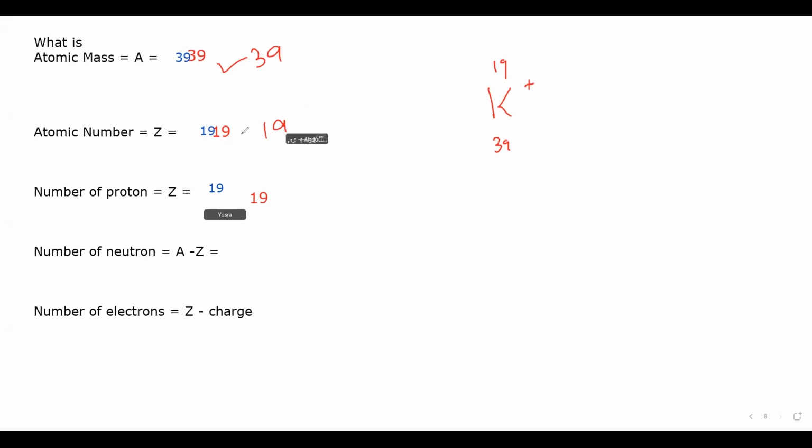Atomic number, that's 19, correct? Number of protons is the same as atomic number, so that's 19. Number of neutrons is a difference. That's not 30, that is 20, because when you take the difference, it is 39 minus 19, which is equal to 20.